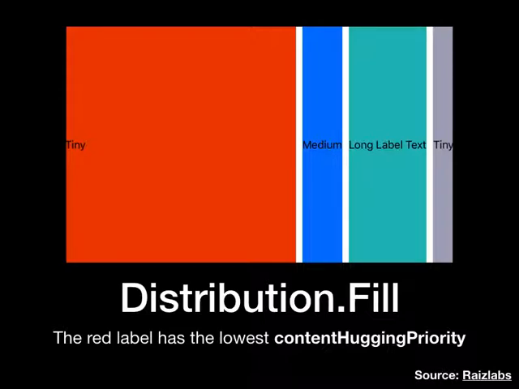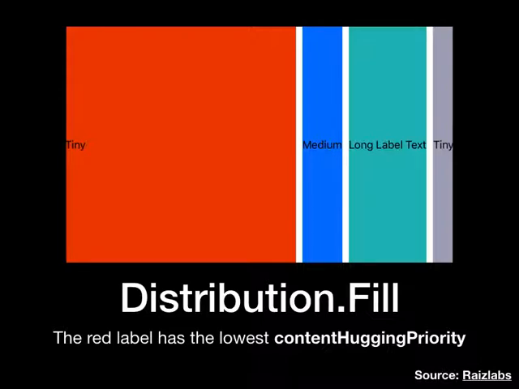Like I mentioned before, in this case you would have to specify the size of each view. I'm not sure what the size of all the views are, but the main thing to take away from here is that these are all views, and you're doing the distribution fill, so you need to fill the space.